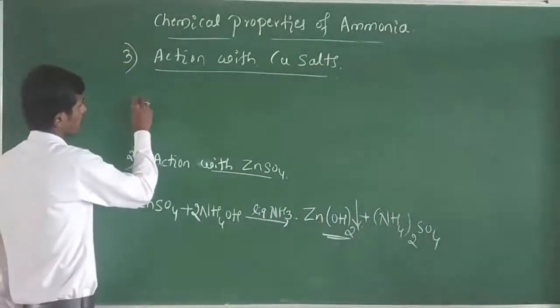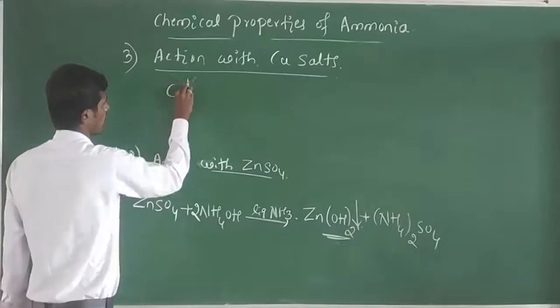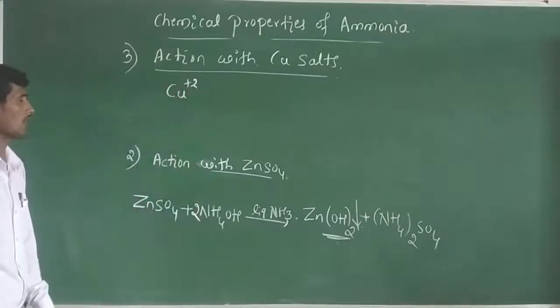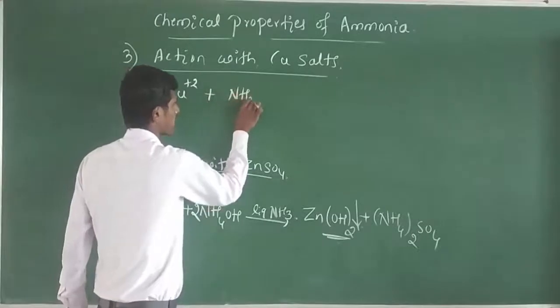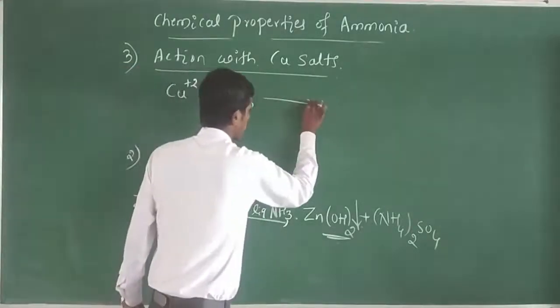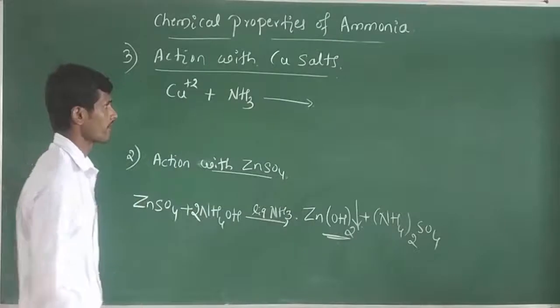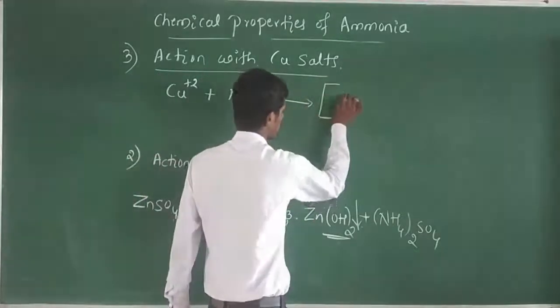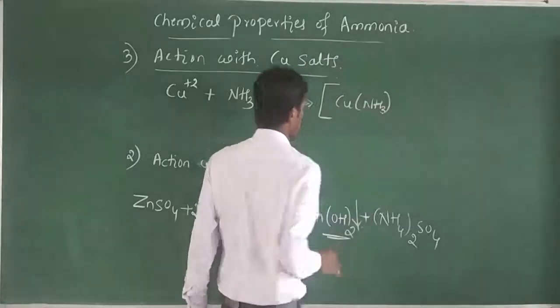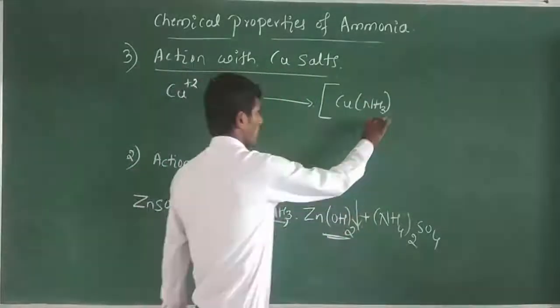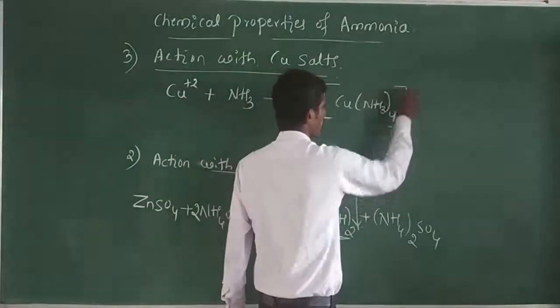First you take Cu2+, means copper ion. When it is treated with ammonia NH3, then it forms the complex. It is like this, [Cu(NH3)4]2+.